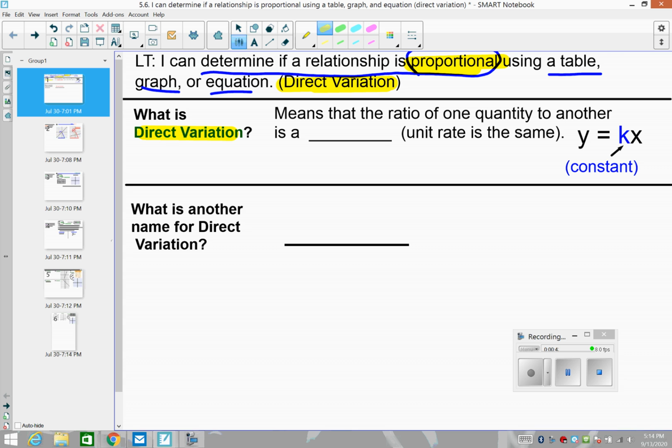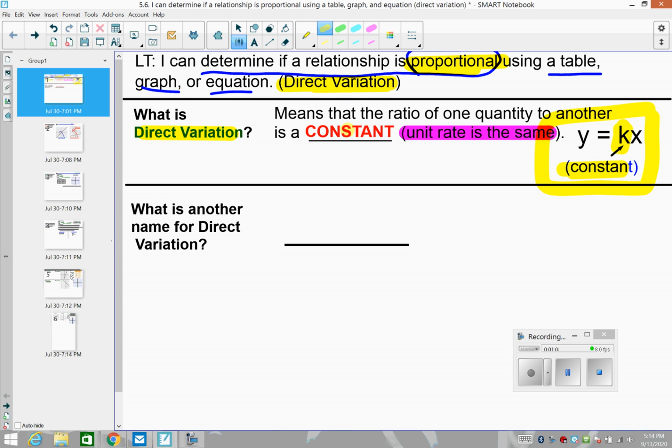So it means that the ratio of one quantity to another is what we call a constant. So it's the constant, or that the unit rate is the same. So the equation would look like this, where this k is constant for the entire growth of it.